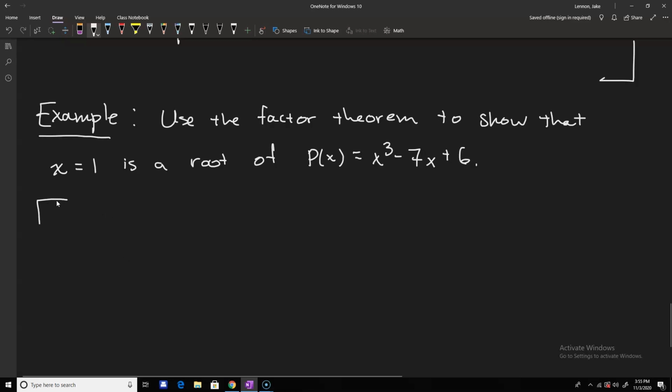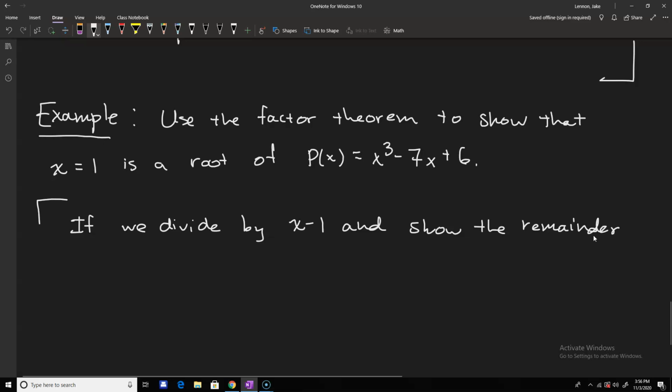So basically, if we divide by x minus 1 and show the remainder is 0, then x equals 1 must be a root by the factor theorem.